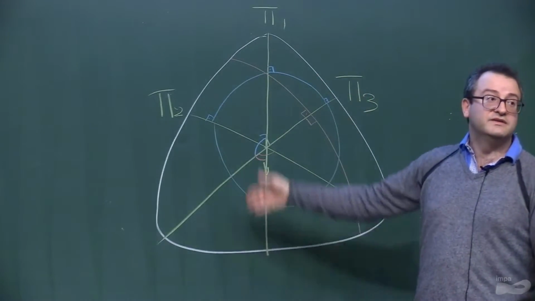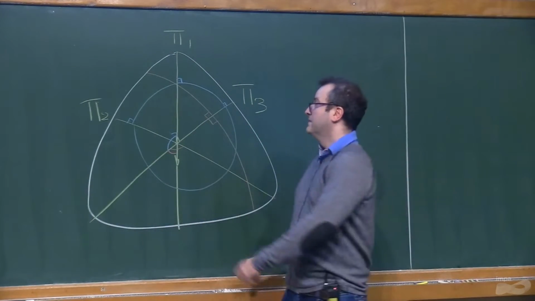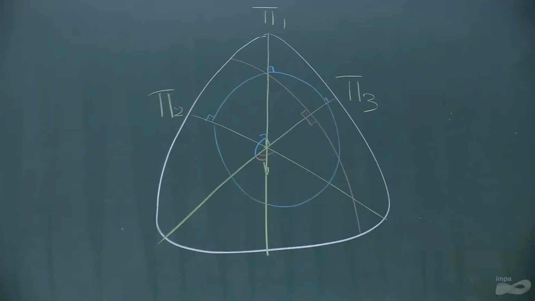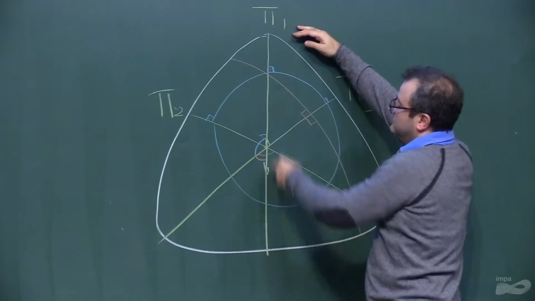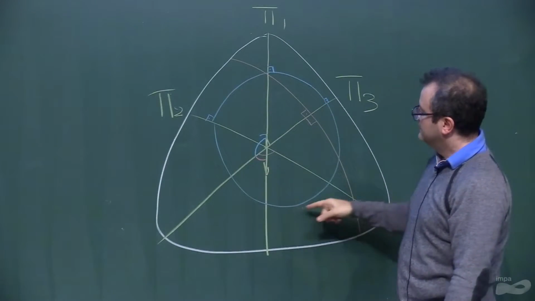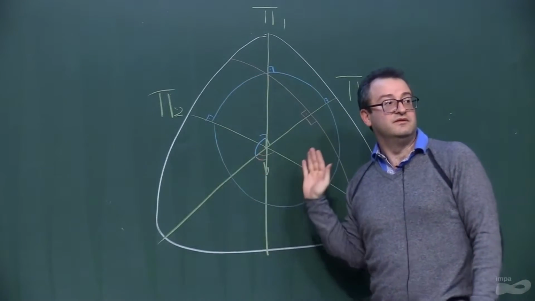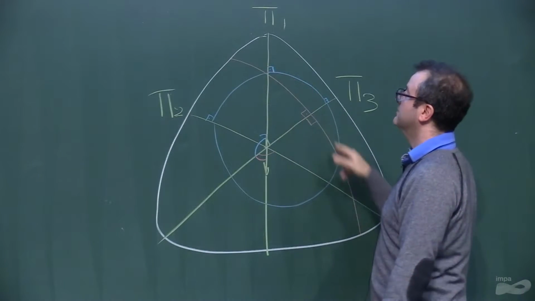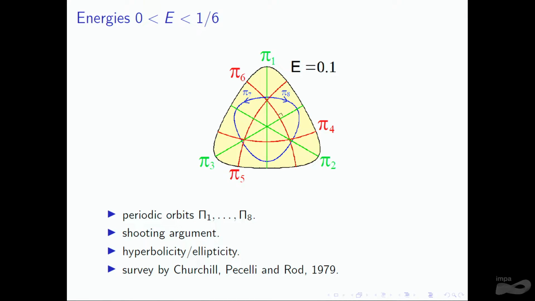And for those who are interested in indices, this orbit here, the index, when you increase the energy, goes to infinity. The index of this orbit seems to be 3 or 4, depending on whether it's elliptic or hyperbolic. And this one I haven't computed. Maybe this one could be 3 or 4 also.